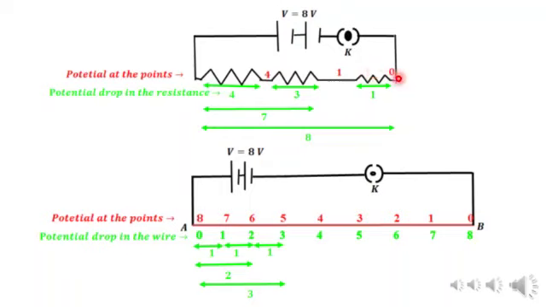So potential at this point is 0. Potential drop in the first resistance is 4 volt. Potential drop in the first and second resistance together is 7 volt. Potential drop in the three resistors together is 8 volt. That means when we move from left to right side, the potential drop across the resistance increases.